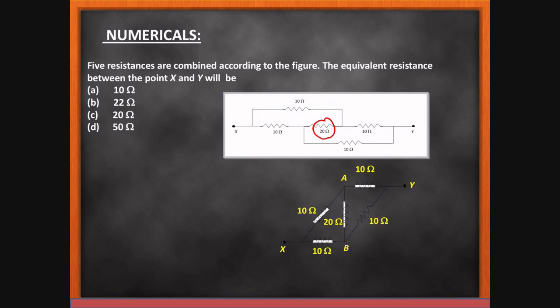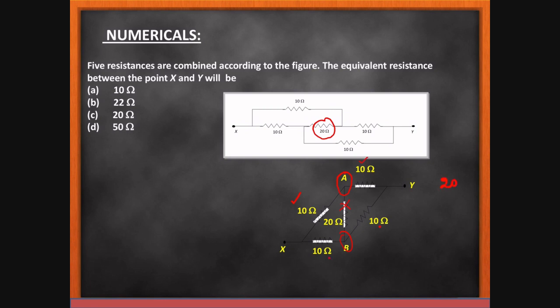So here A and B have the same potential. So we can remove this branch because current does not flow across the same potential. So this 10 and this 10 in series, so net answer is 20.